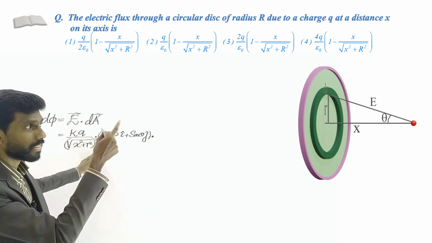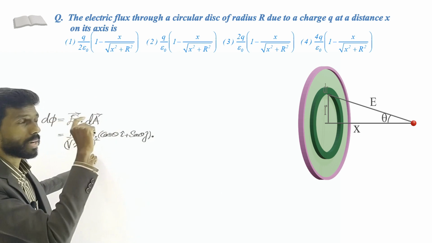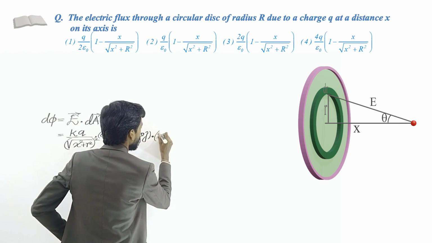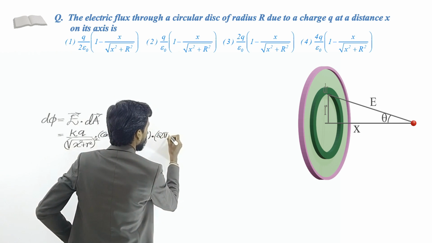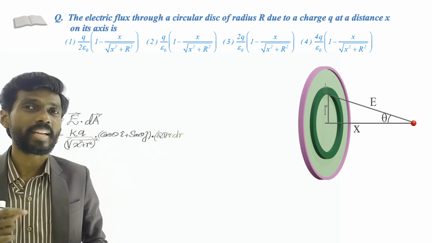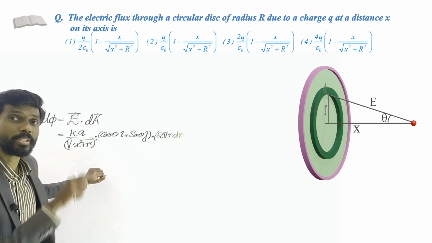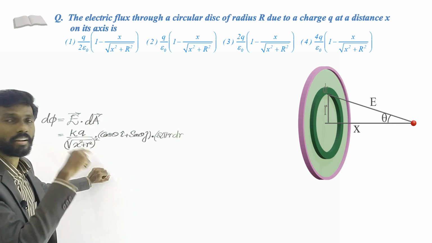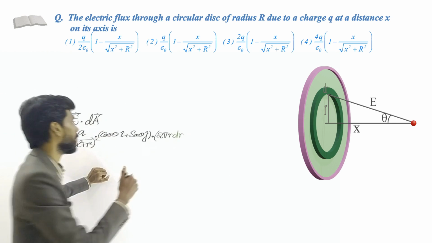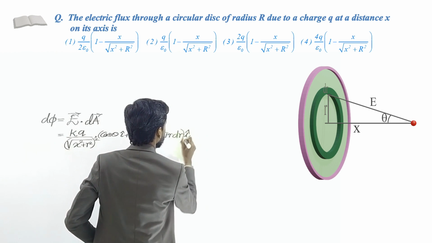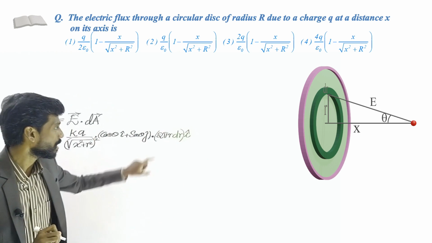The length is the circumference, 2 pi r, and the breadth is the thickness, dr. So that area has magnitude 2 pi r dr. What is the direction of the area? Perpendicular to the surface, that is in the x-axis direction, i cap or minus i cap, any one. So let me take i cap. That's all. So this is the area vector.